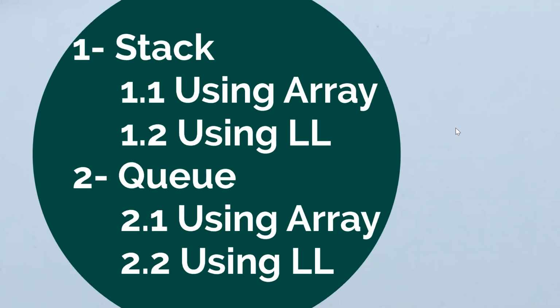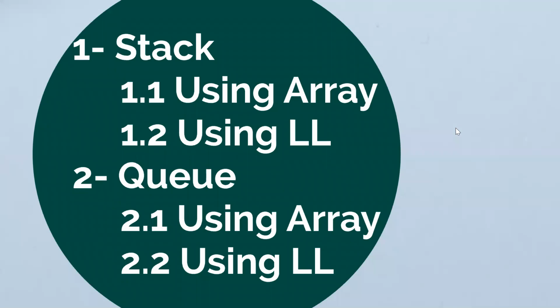So either insertion or deletion happens only at one particular point, which we name as top. For every data structure, there are ways to insert and delete, that is, ways of modifying it, and every data structure has a different naming convention. In stack, insertion is called push, and deletion is called pop.